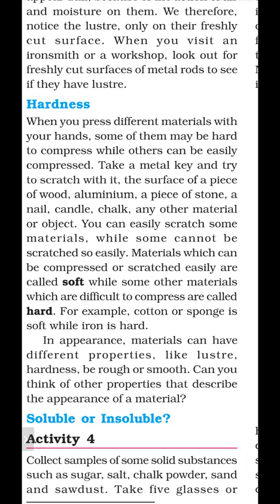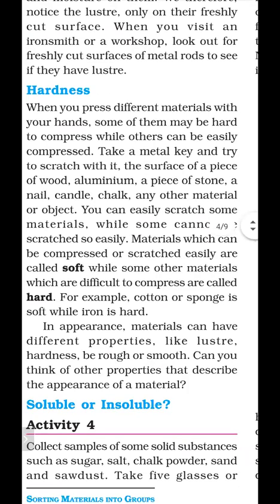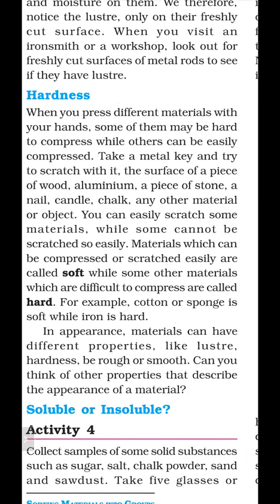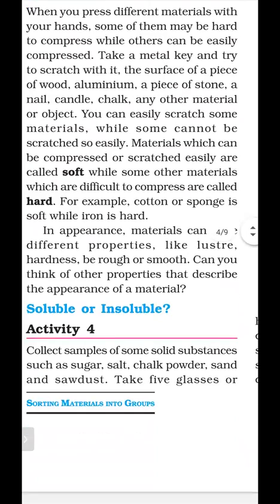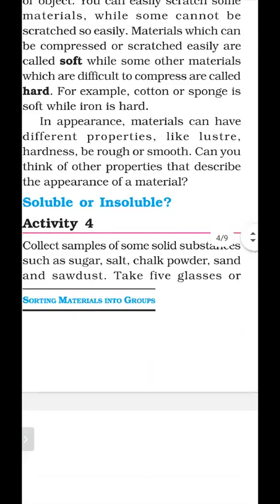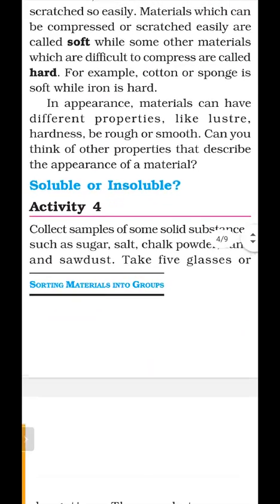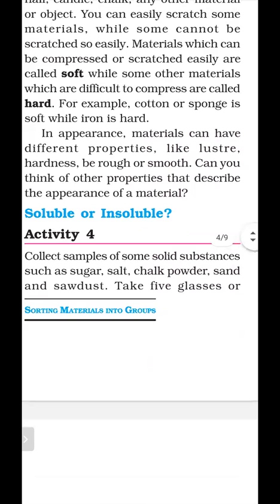The next property is hardness. And what is another property? Rough or smooth. And luster is also a property of the material. And today we'll study about soluble or insoluble. And this is the next property of the material.